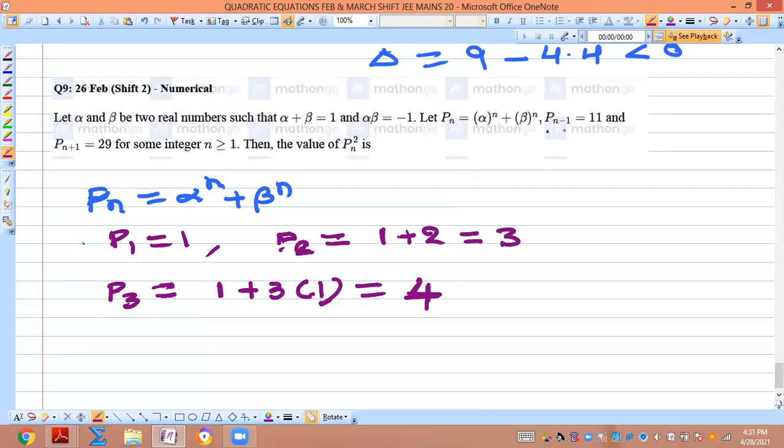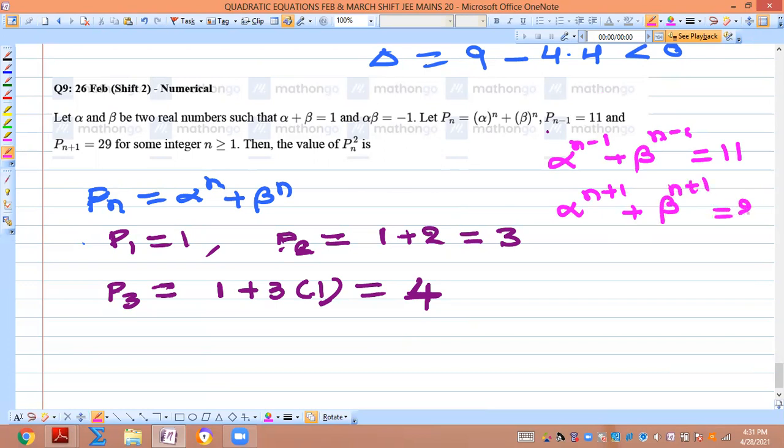Now Pn minus 1 and Pn is given. So let's see from that. This is alpha power n minus 1 is equals to 11. From the other equation, alpha power n plus 1 plus beta power n plus 1 is equals to 29.